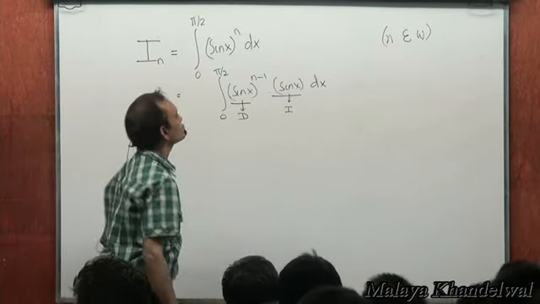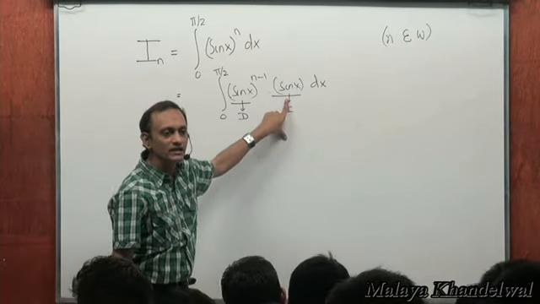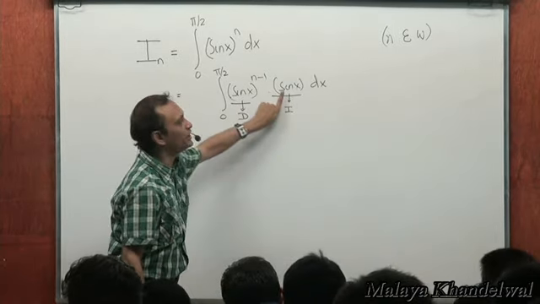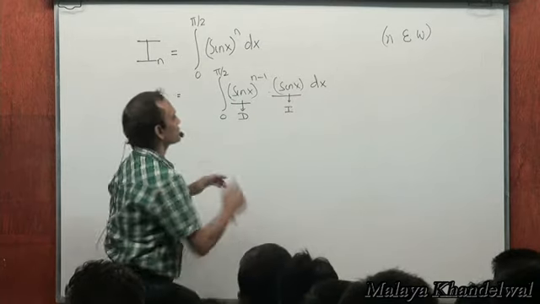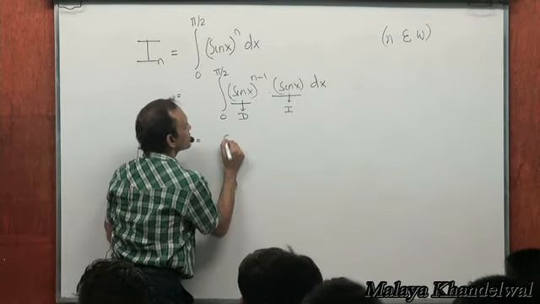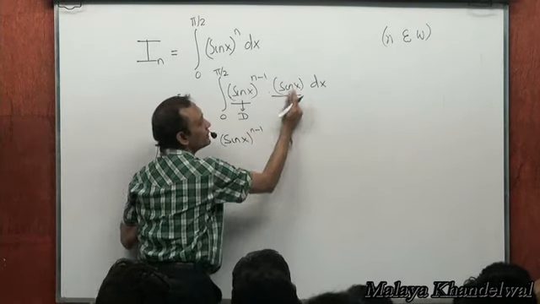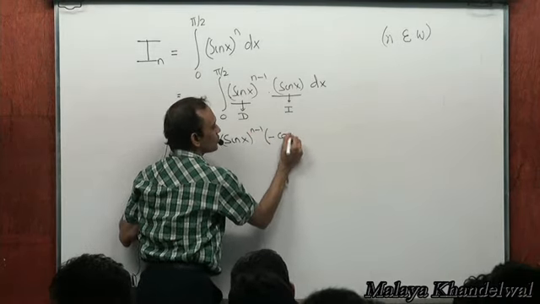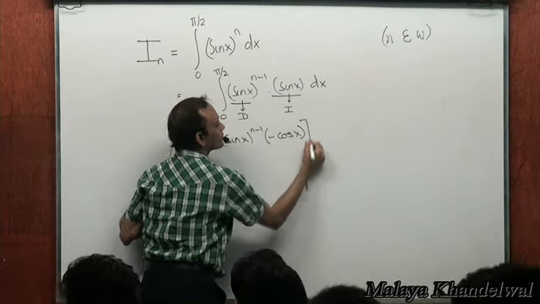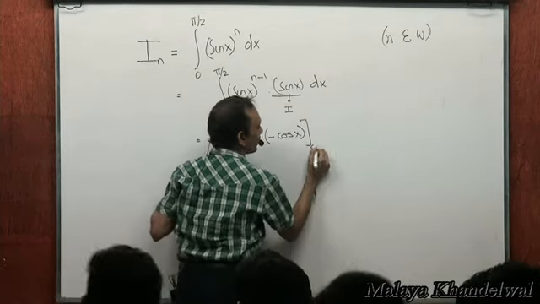So this will be my first function, this will be my second function. First function into integral of second function. So this then becomes sine x to the power n minus 1 into integral of sine x, which is minus cos x, 0 to pi by 2.